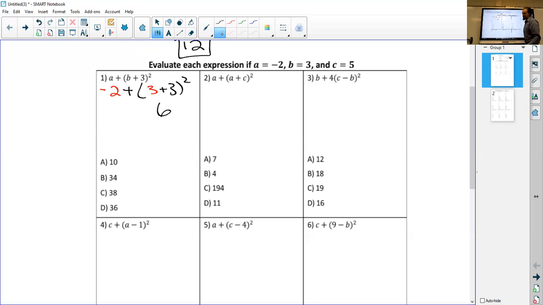Since it's positive, I don't really need the parentheses here, so I can just say 6 squared. I bring down this -2 and this plus sign. We always do the exponent after that, so 6 squared, 6 times 6 is 36. And then bring down the -2. So -2 plus 36 is going to be positive 34.